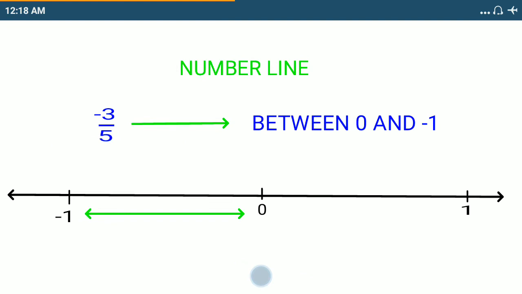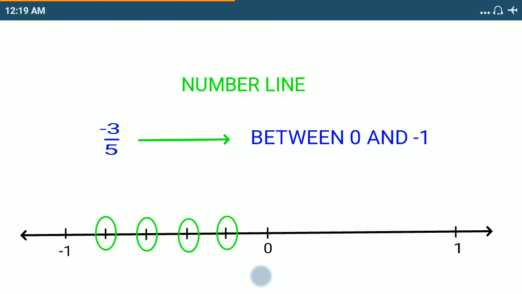Since 3 is less than 5 and the rational number is negative, we know that it will come between 0 and -1. We divide this length into 5 equal parts as the denominator is 5.